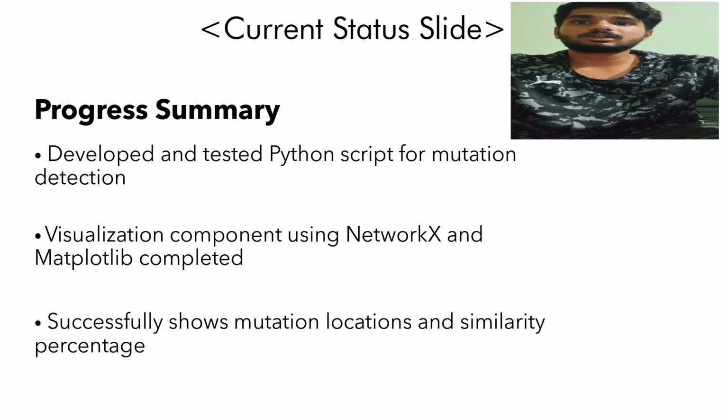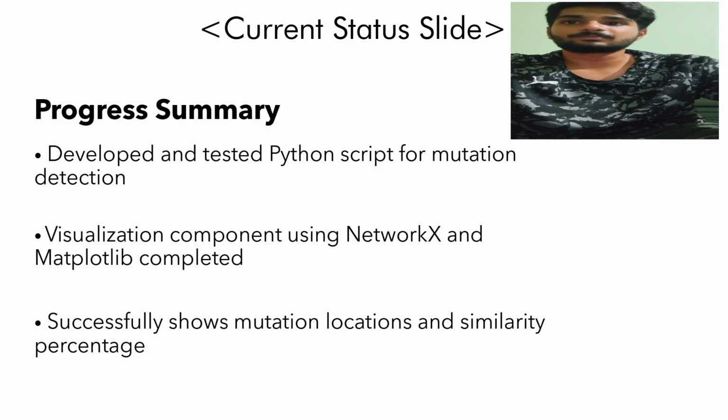The visualization module developed using NetworkX and Matplotlib clearly shows mutation locations and allows us to compare sequences visually and numerically. The system works reliably for short DNA inputs and helps to illustrate sequence similarity in a user-friendly way.